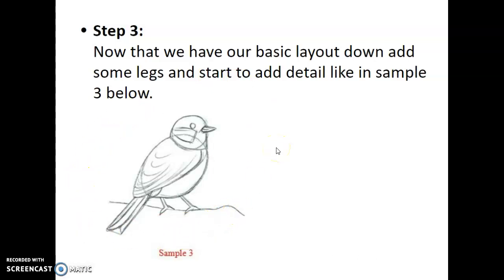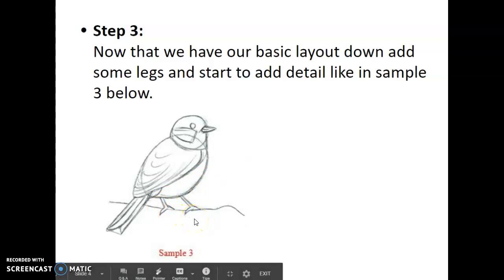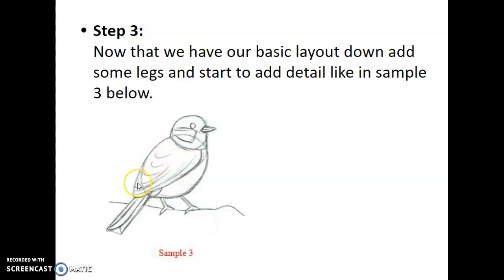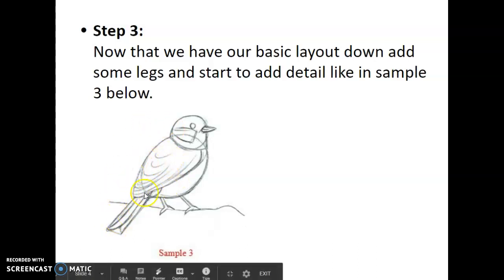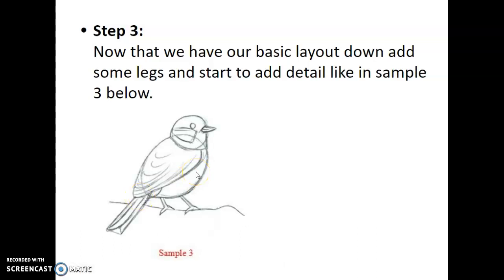So you are going to start by adding some legs, okay? Can you see the legs here? Yeah. And then you're going to add a bit more detail. So can you see the lines on the feathers, like you've got the wings and the feathers, you can see all the detail here, okay? And this now is starting to look a bit more like a bird.